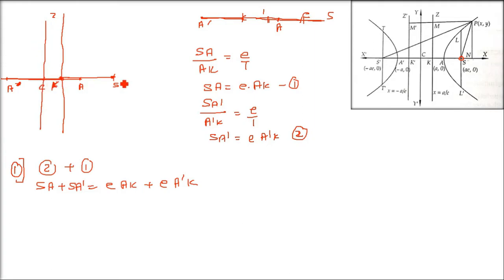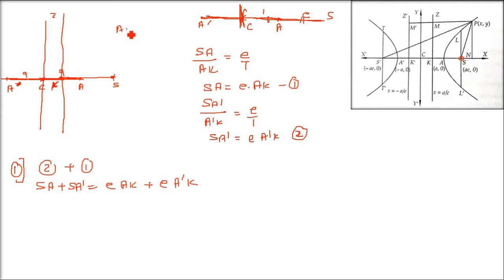C is the center of AA dash, because it is the middle point; if you take the perpendicular bisector of AA dash, you'll get C. CA and CA dash I'm taking as a, because C is the center point.